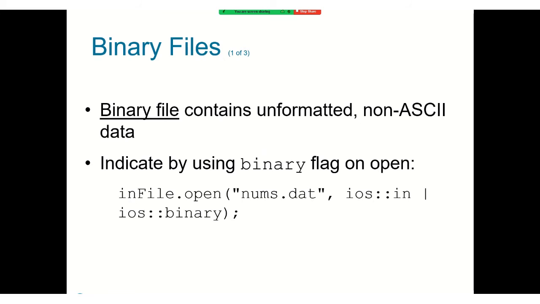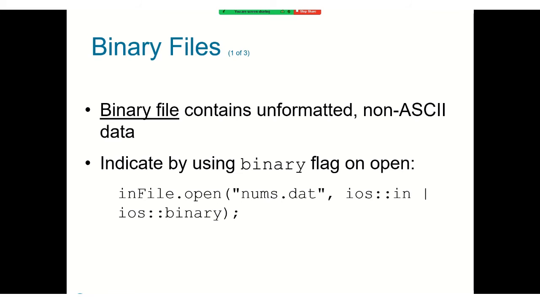Now come the binary files. A binary file contains unformatted and non-ASCII data. ASCII data means whatever you see on the screen, you can read it. But a binary file contains unformatted data. So you have to indicate this using the binary flag on open.